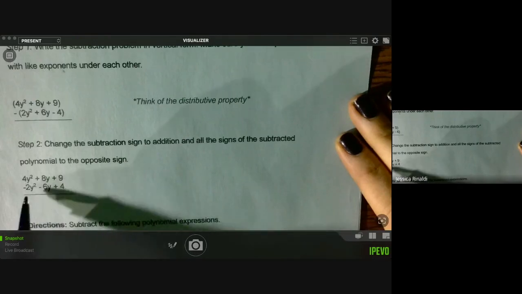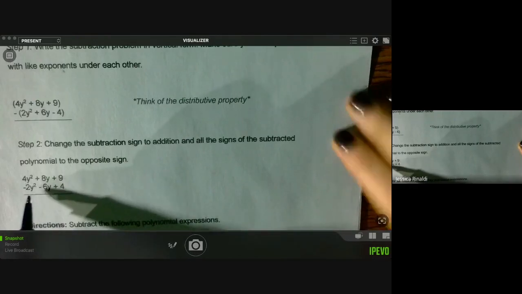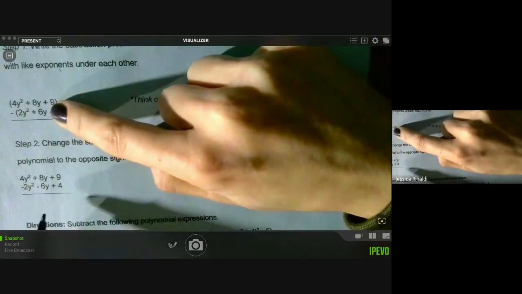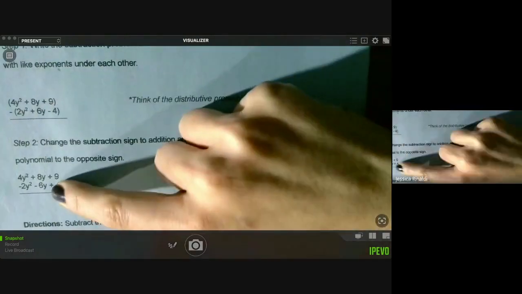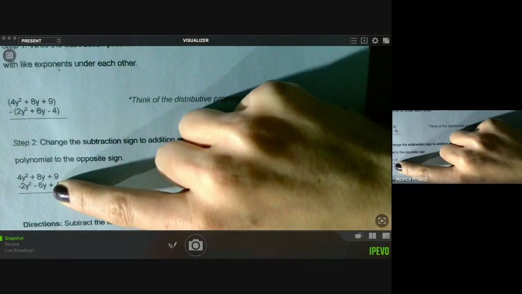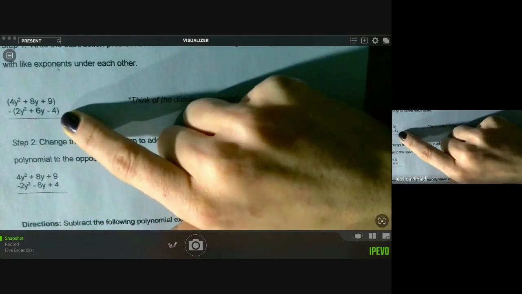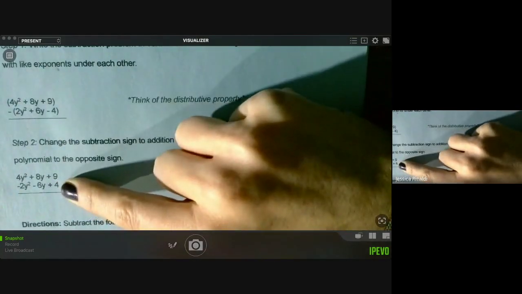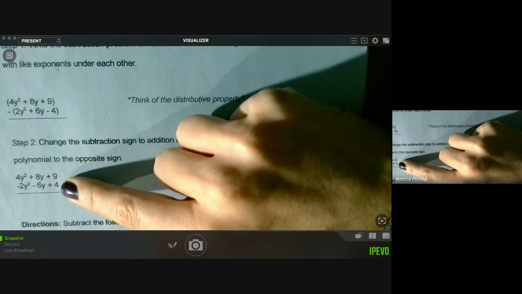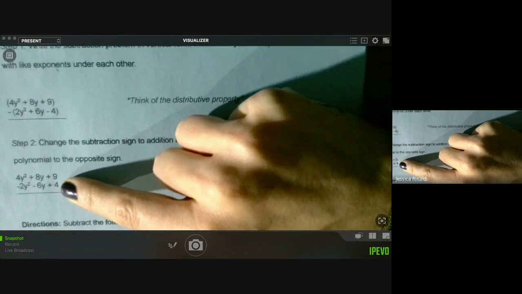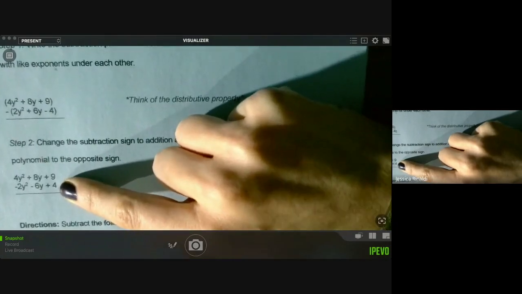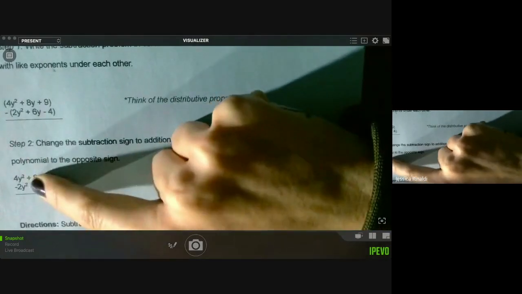So now I have a -2y squared. Notice this plus 6y changed to a minus 6y. And then we had a -4 that's now a +4. Does everyone see the differences there? And then they're going to combine this up and down. So when I combine this, I have 4y squared minus 2y squared.